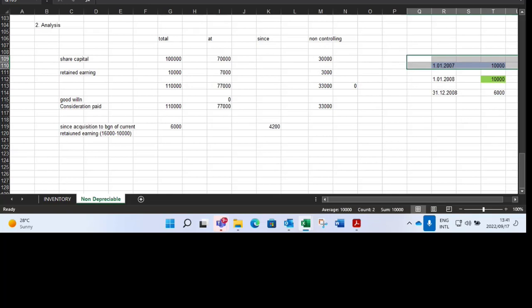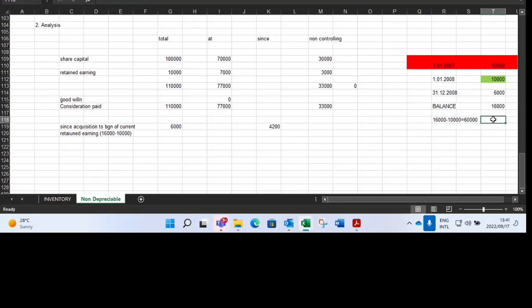So this one was eliminated. Then we are left with this. So the balance will be 16,000. Then we say the 16,000 minus the 10,000 for elimination equals 6,000.